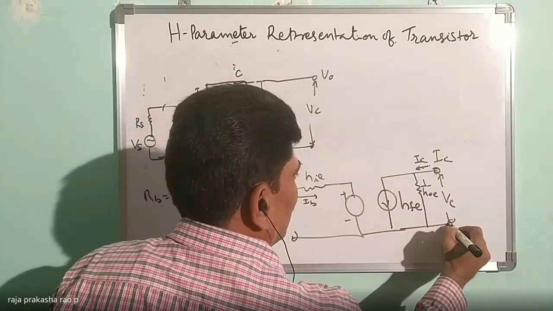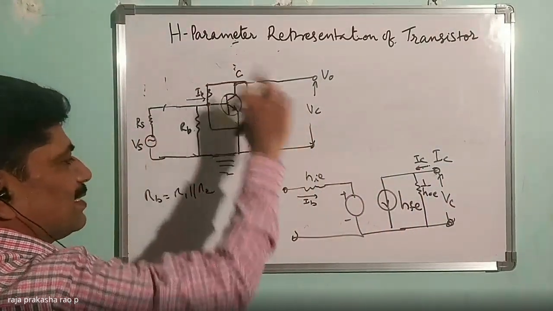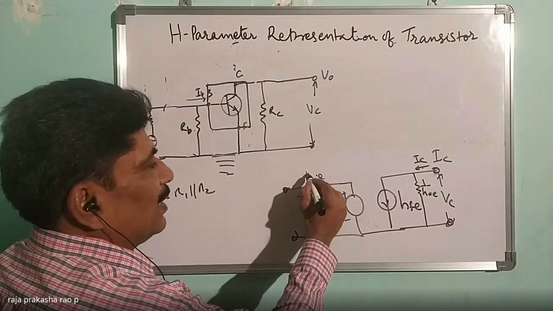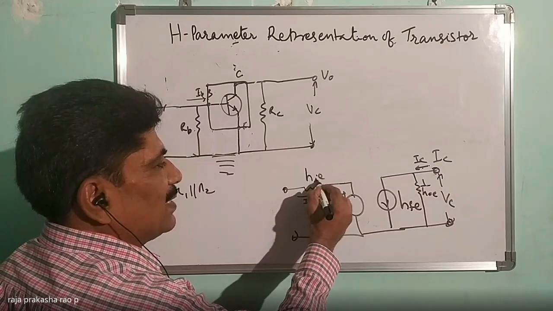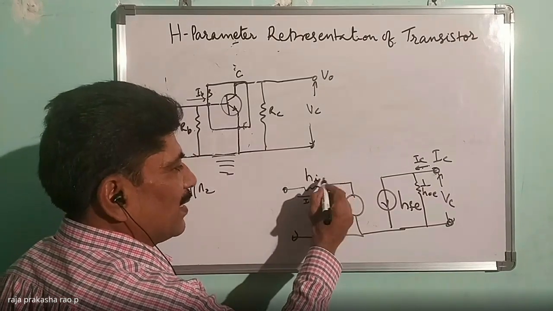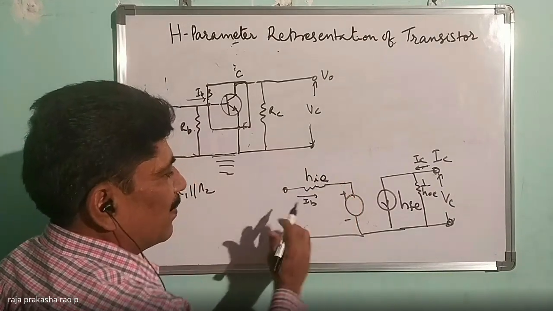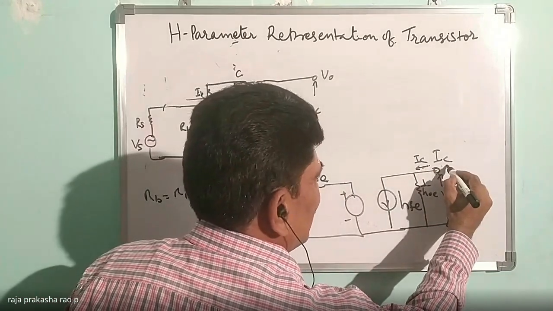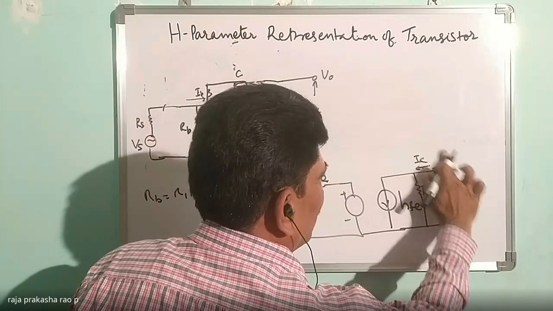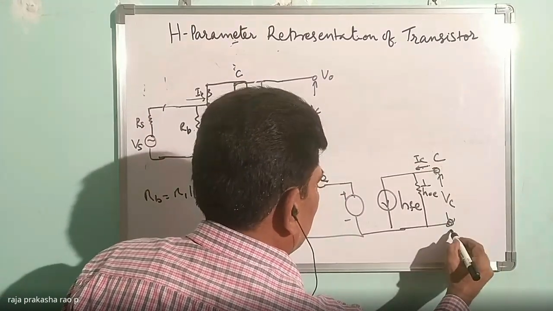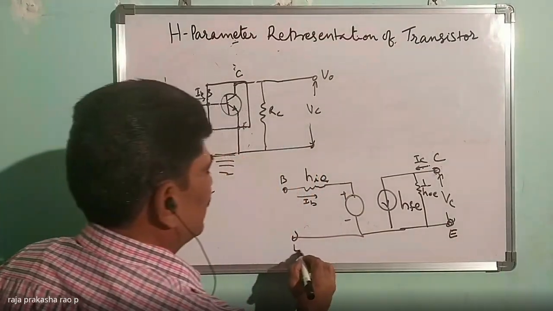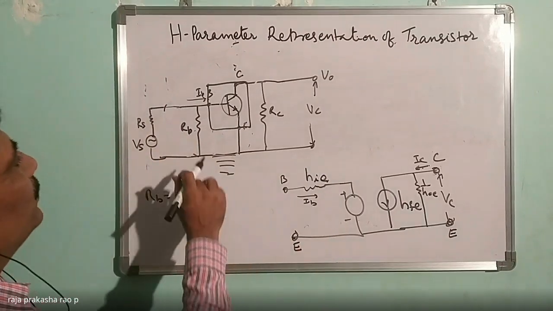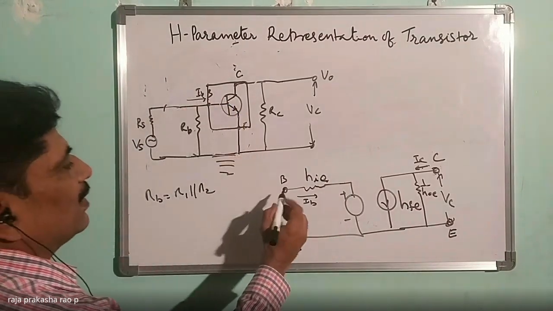We are representing this transistor by this H model, by this H parameter circuit, we can say. We denote this as B, and this is C, and this is E. Now, this RB is connected to this.